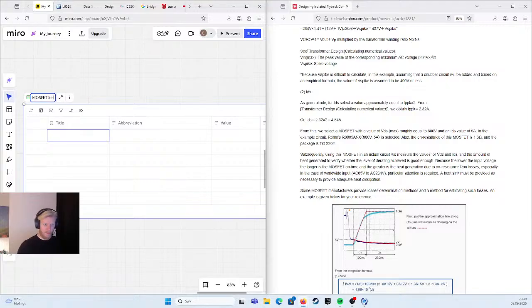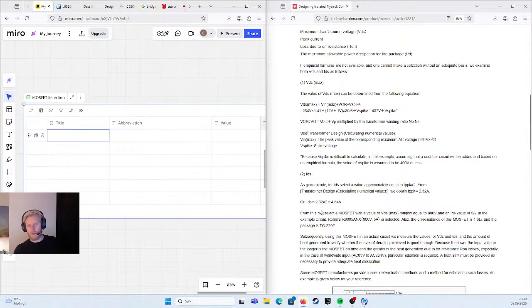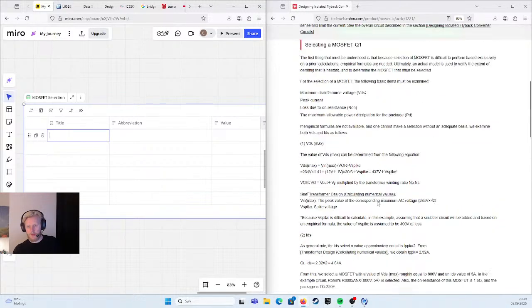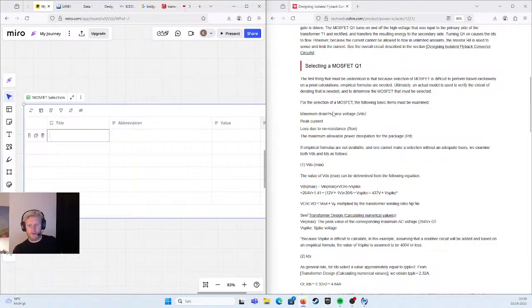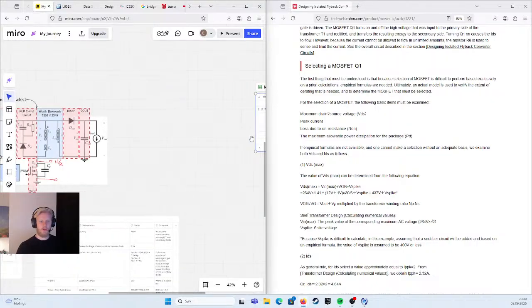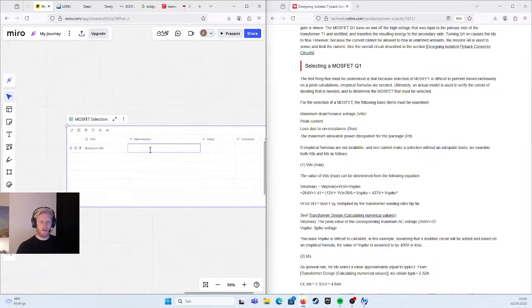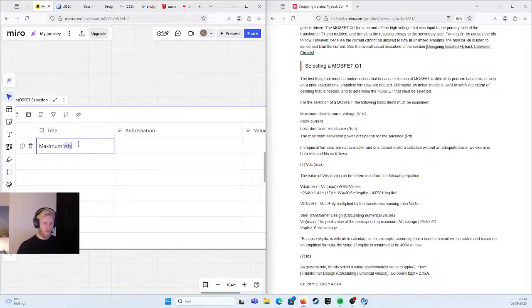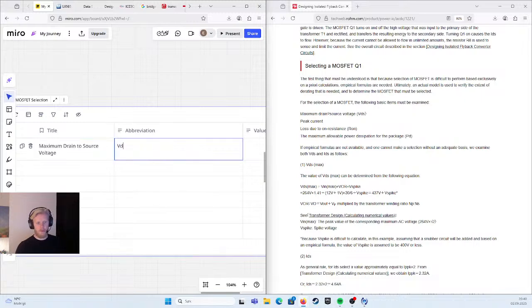MOSFET selection. Even though it doesn't feel like it's too complicated, it's still good to go through and check. So what we need to know is the maximum VDS, maximum drain source voltage, VDS max.